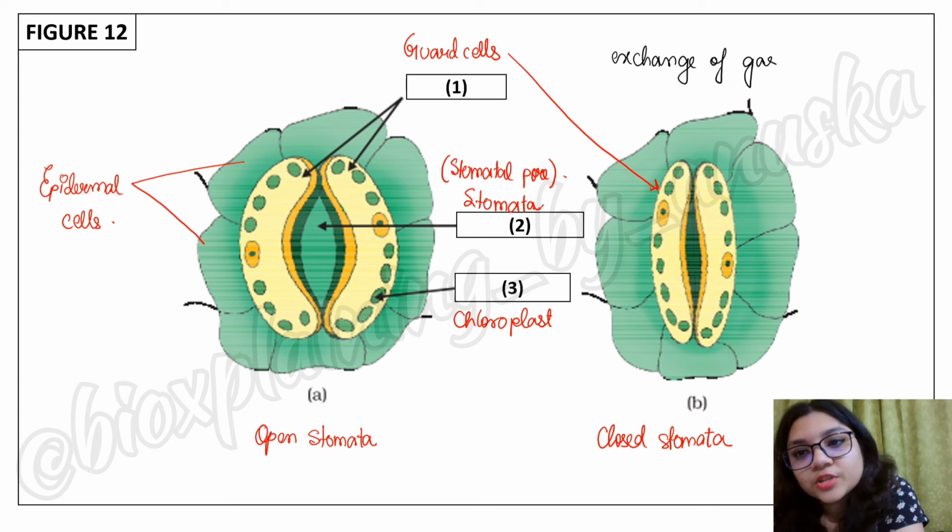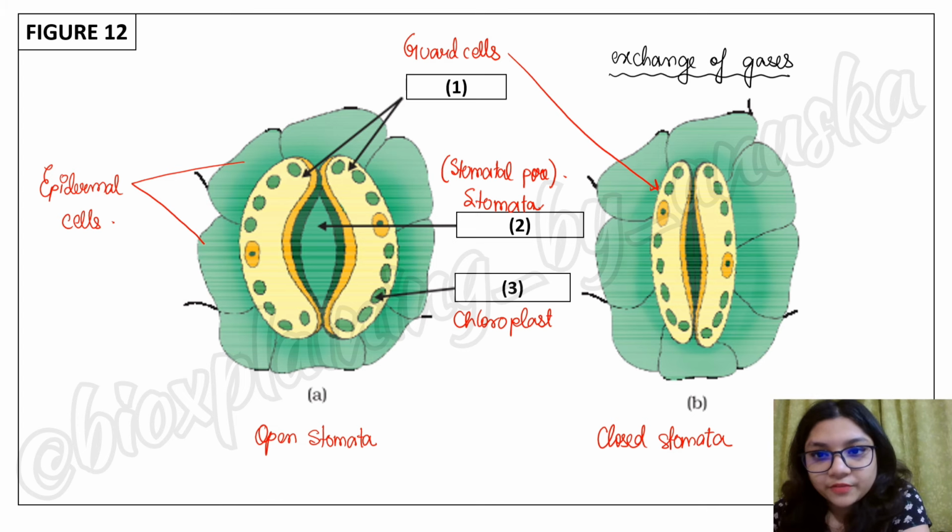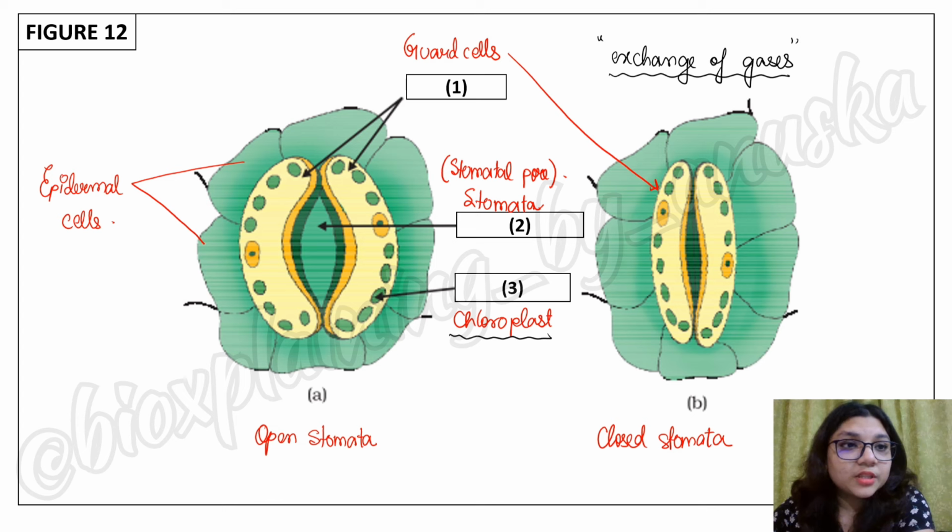That is, during photosynthesis, they'll take in CO2, give out O2, and during respiration, the opposite thing, O2 comes in and CO2 goes out. So the major function of stomata is in the exchange of gases. Function of chloroplast, you all know that it is the site for photosynthesis. So I guess this is clear. Go ahead with the next diagram.